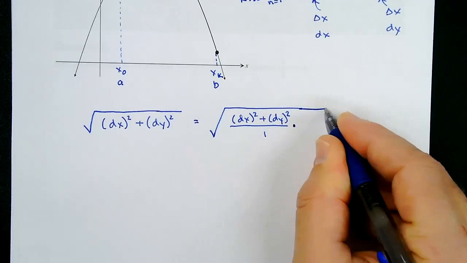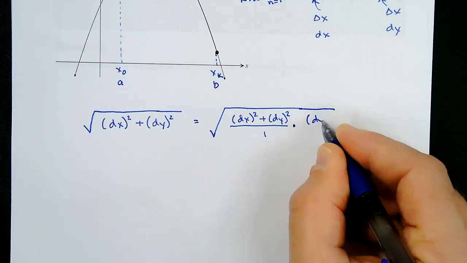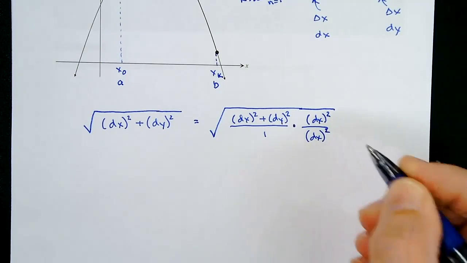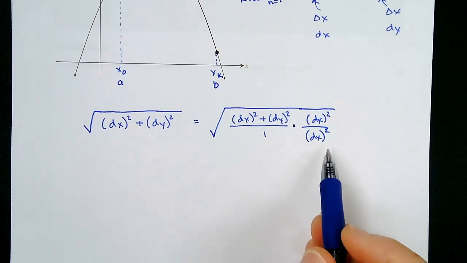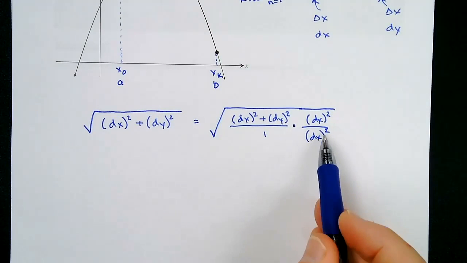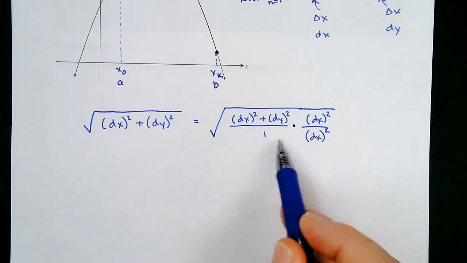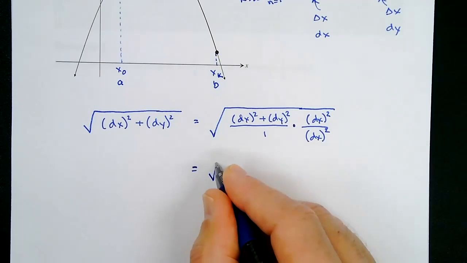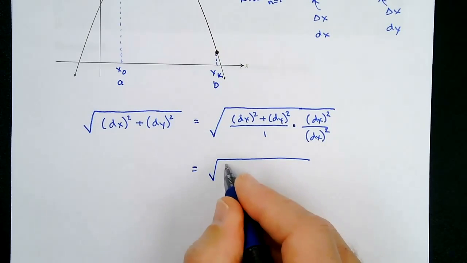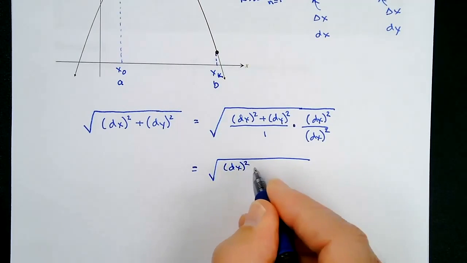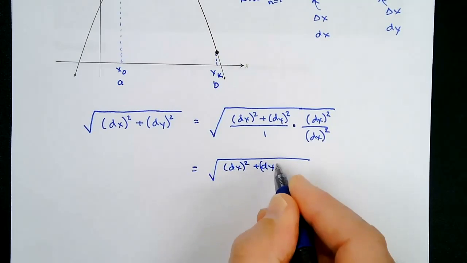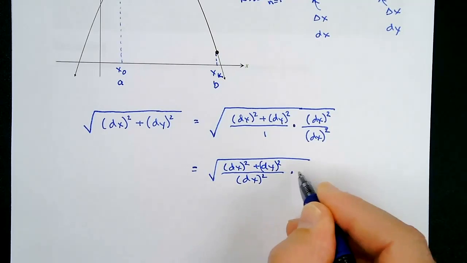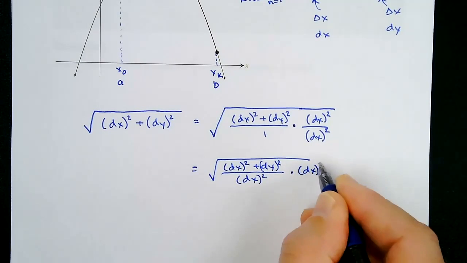And my version of 1 that I want is dx squared over dx squared. And so if I multiply this fraction just times this denominator, keeping this one outside, this actually becomes the square root of dx squared plus dy squared all over dx squared times dx squared. That's equivalent to this one.